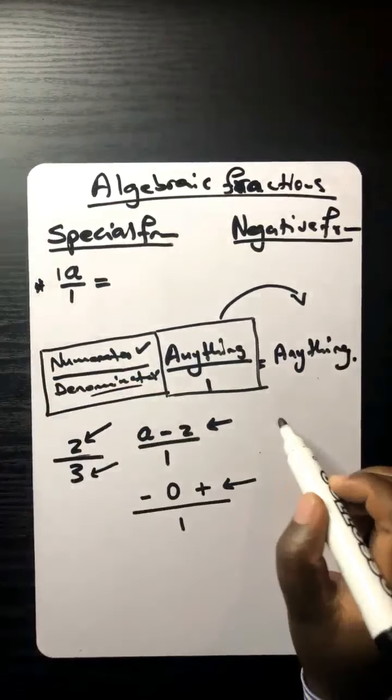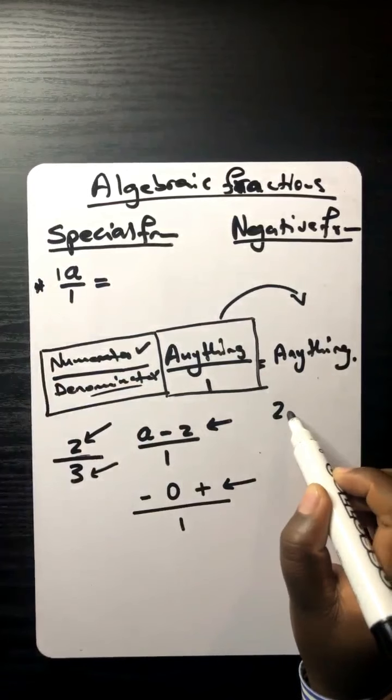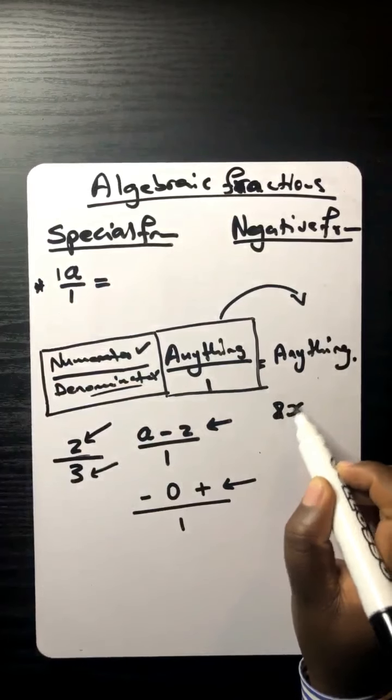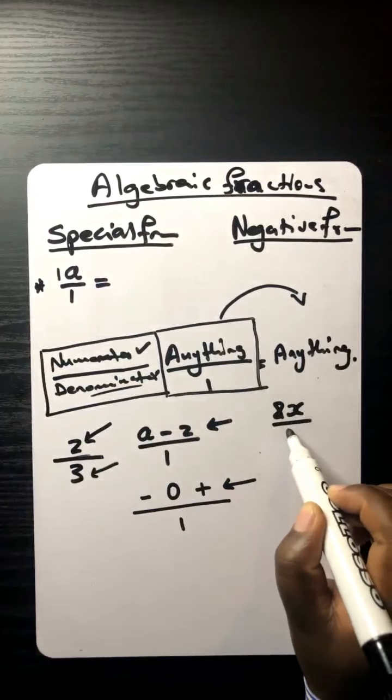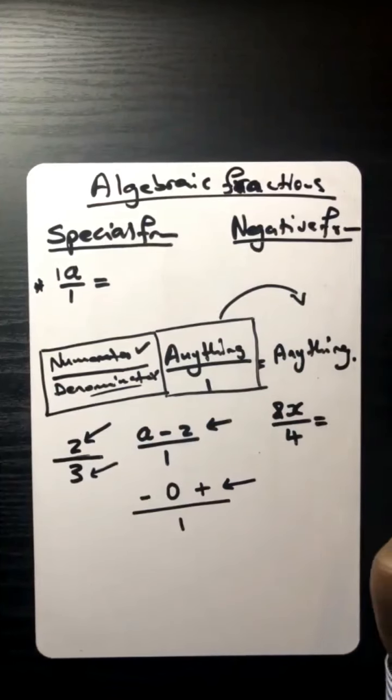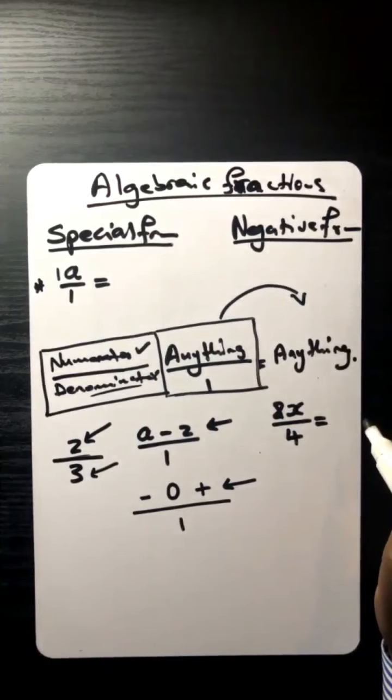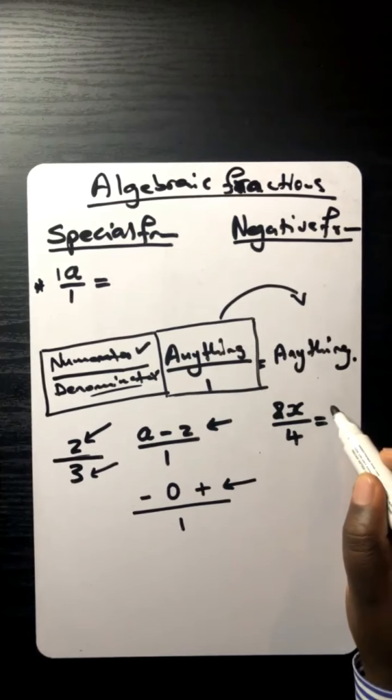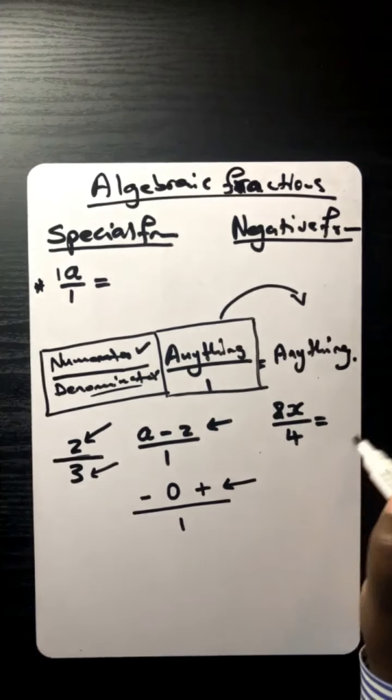I'll give you an example. If you have let's say 8x divided by 4. Can you guess what is that one? The 1 would be the invisible one next to the x. Maybe you can guess what do I write there?